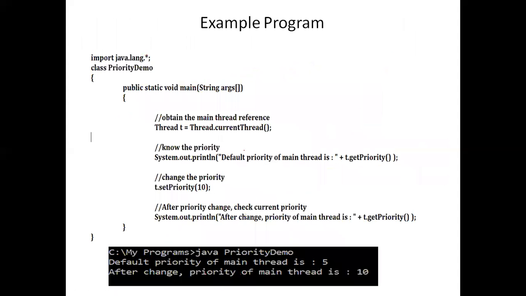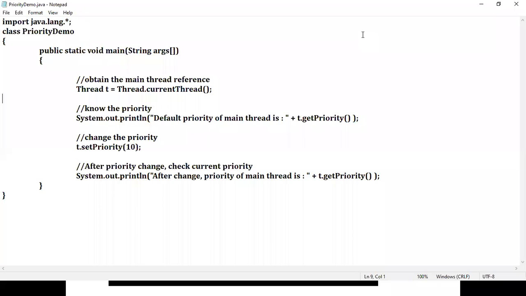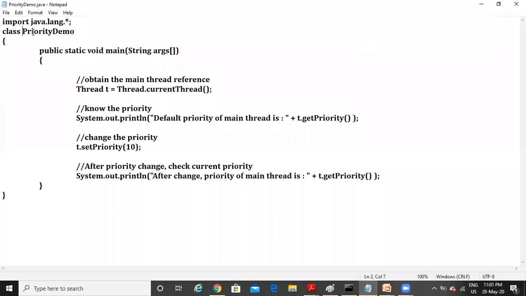Now let's see the example. It's a very simple example program. The class name is PriorityDemo, and first of all this is your main method. The first thing we have to do is get the reference of your thread.